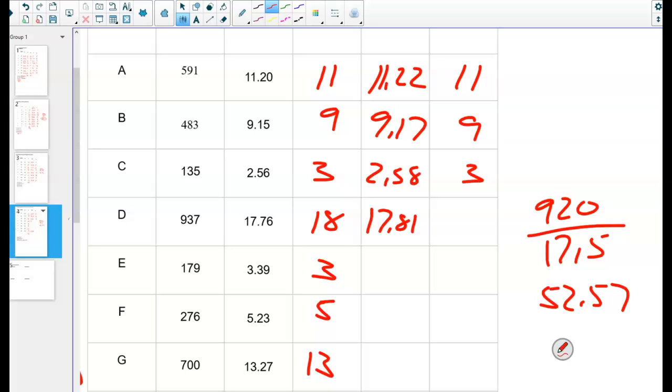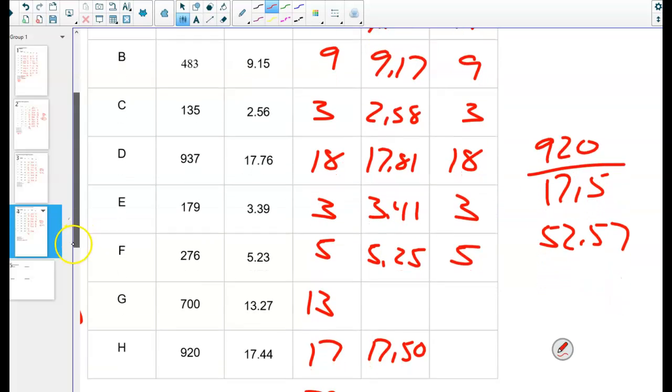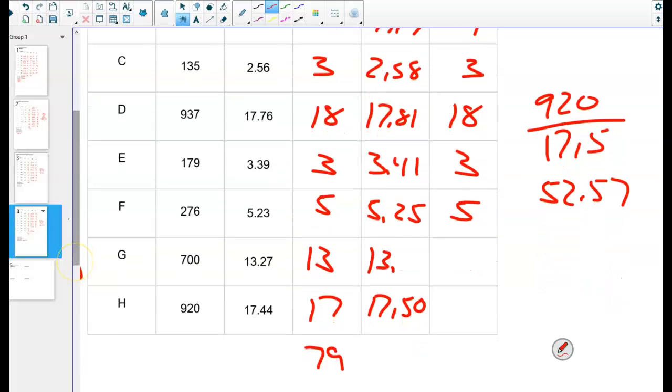This might go to 17.81, but it's going to stay at 18. 3.39 might go to 3.41, it'll stay at 3. 5.25, it'll stay at 5. But then 13.7 might go to 13.31, but it's going to stay at 13. And then finally 17.44 goes to 17.5, and this rounds up to 18.